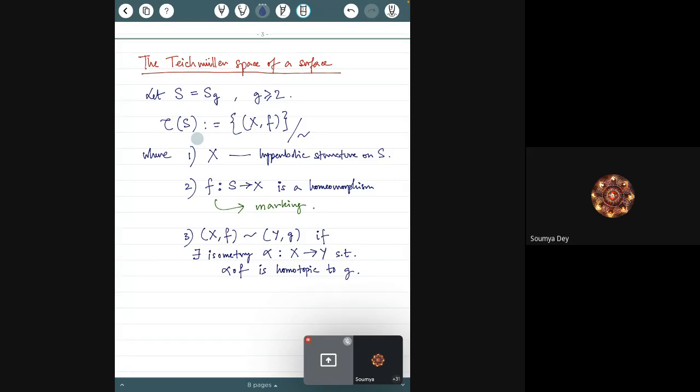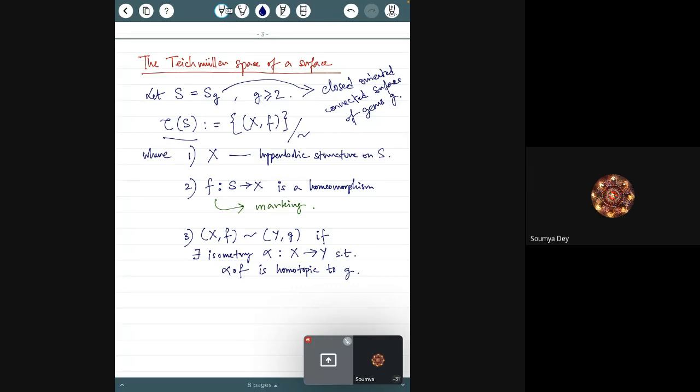So suppose we start with S_g. S_g is a closed, oriented, connected surface of genus g, and we are taking g greater than or equal to 2.